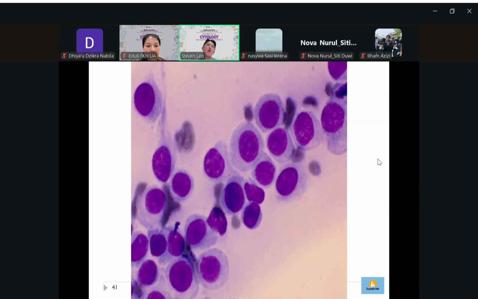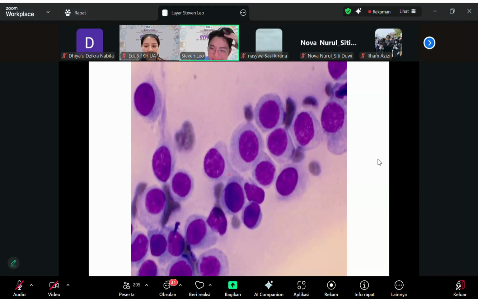Inflammation or cancer? Yeah, good. Cancer. And then what cancer? Round, good. And then, round, what is the most suitable one for this one?